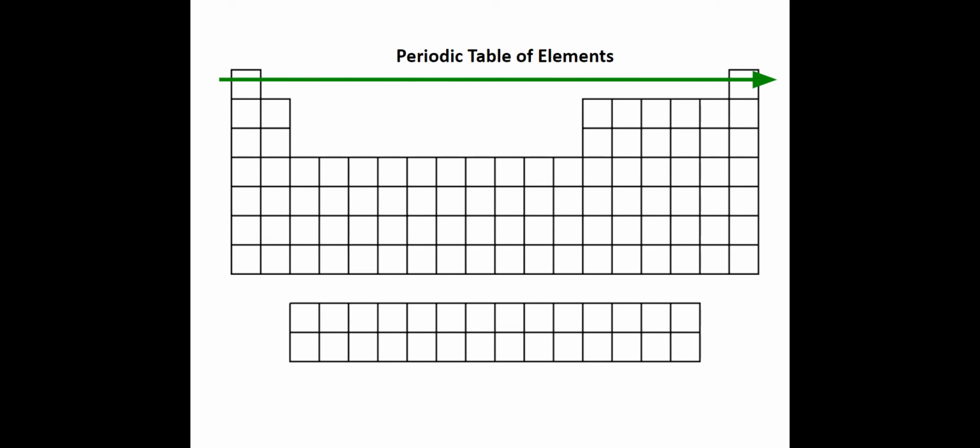So we start at the top. This is like the first floor of that house. We completely fill the 1s subshell. Then we go to the 2s subshell. Then to the 2p subshell. I remind you there is no 2d or 2f subshell.